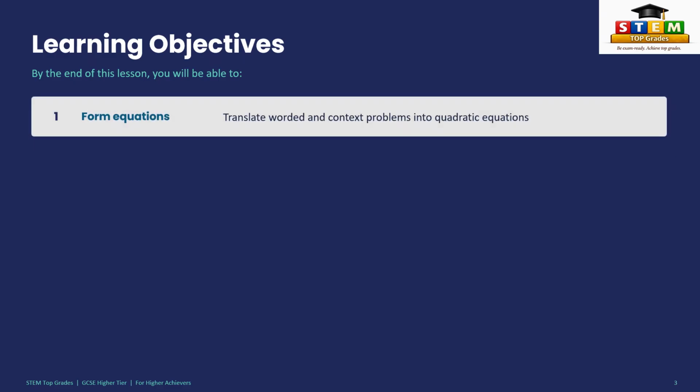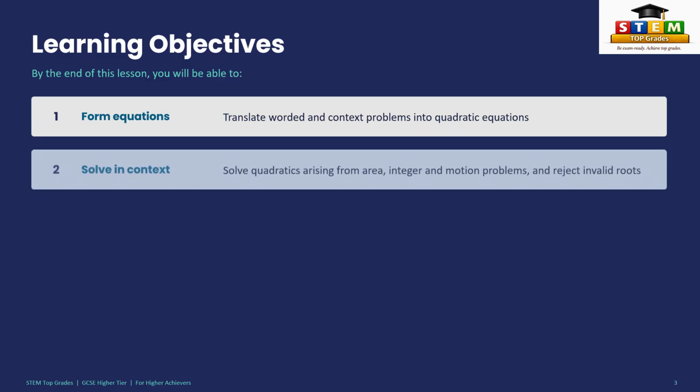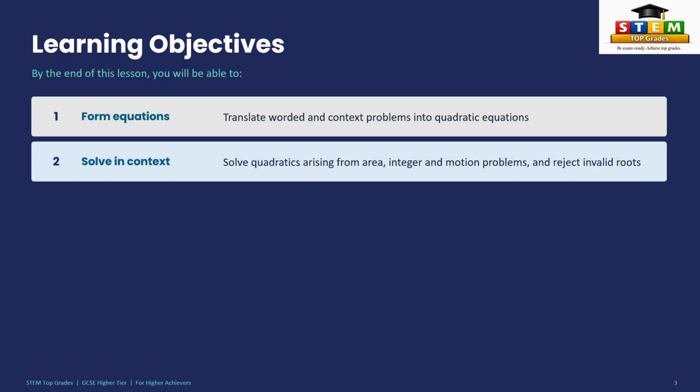By the end of this lesson, you will be able to firstly form equations, that is, translate worded and context problems into quadratic equations. Secondly, solve in-context questions. This means solve quadratics arising from area, integer, and motion problems, and reject invalid roots.